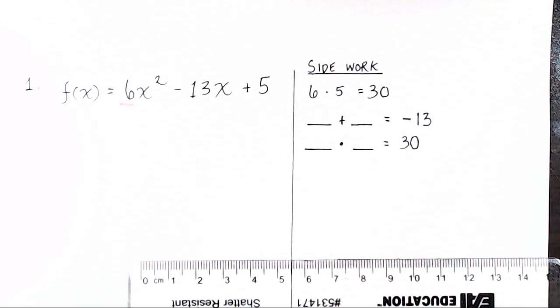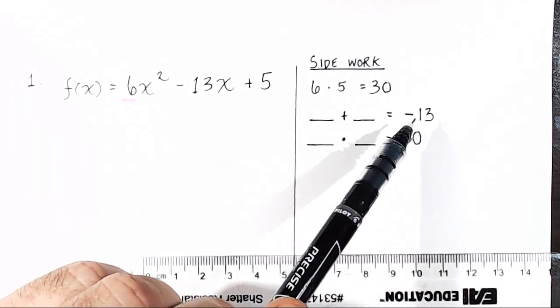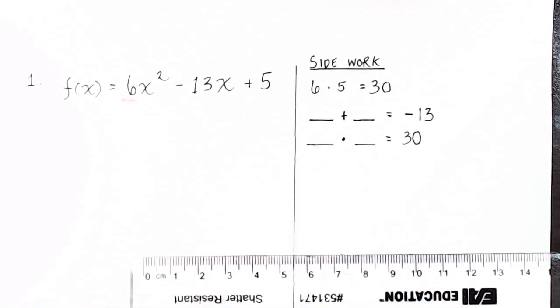So you think of numbers that might satisfy these two conditions. They add together to equal negative 13, and they multiply together to equal 30.